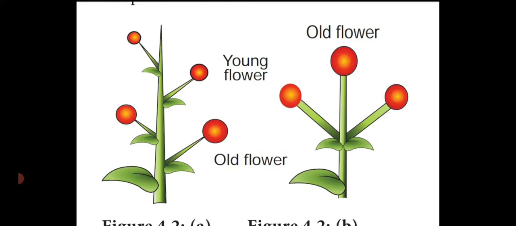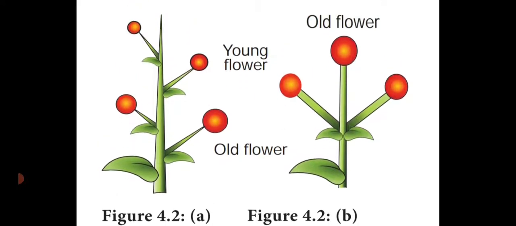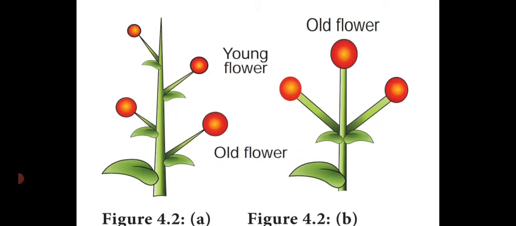See the arrangement. Racemose, old flowers are at the base, young ones are near the tip. But in the cymose inflorescence, old flowers are at the tip, young flowers are located at the lateral position, that means base. That is the difference between racemose and cymose inflorescence.